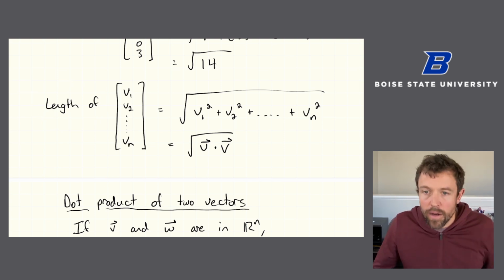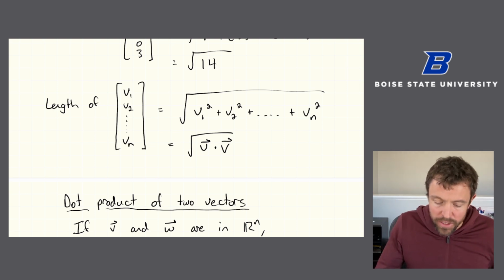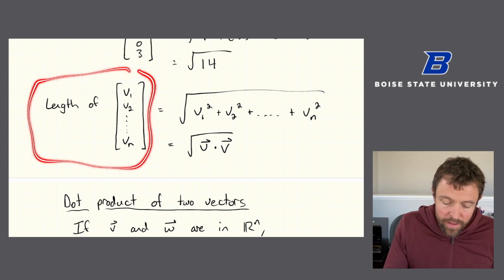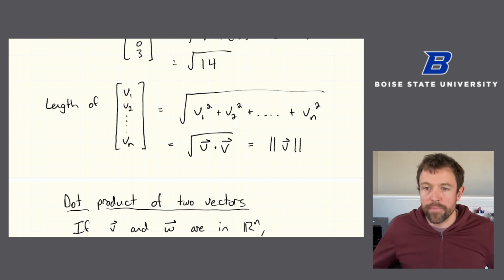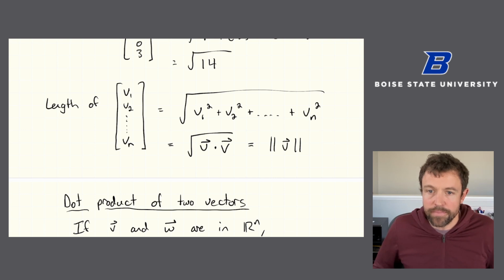So we've used the dot product already, and I should introduce some notation. I don't always want to have to write the length of this. And so I'm going to write this as double bars on either side of V, indicating the length of V.